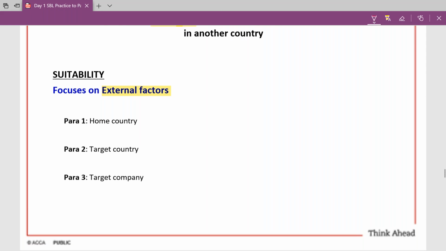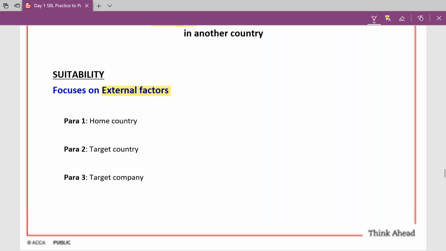Information will be given to you about your home country or base country where you are currently situated. In the case study, information will also be given about the target country or target city. If the acquisition is in another country, there will be information about that country. If it is in your own country but in another city, some information about that city will be given. And lastly, some information about the target company will also be given.